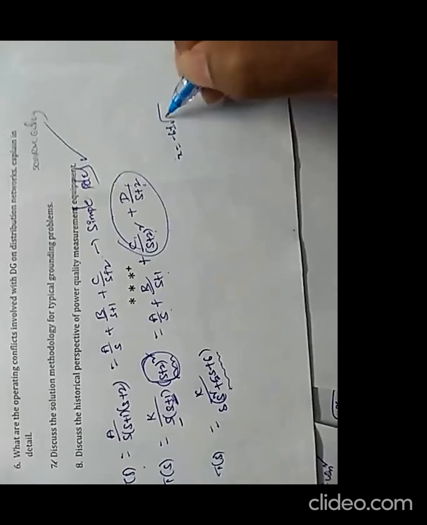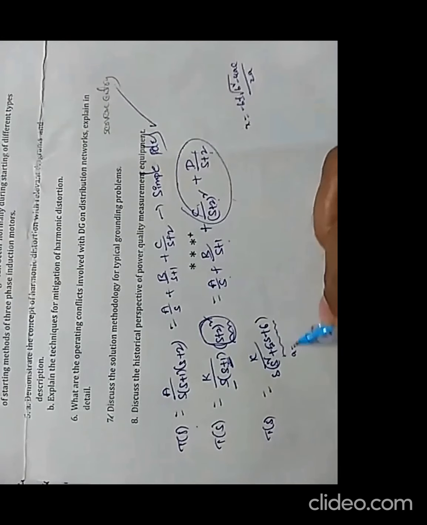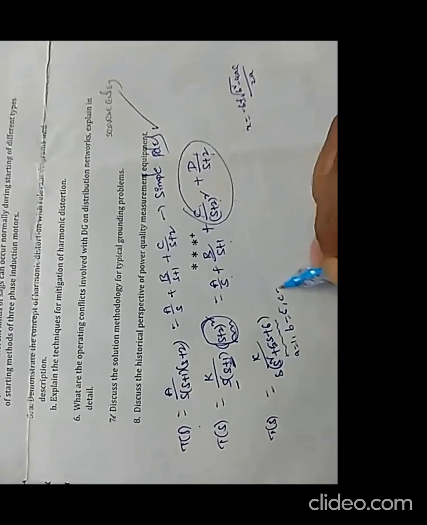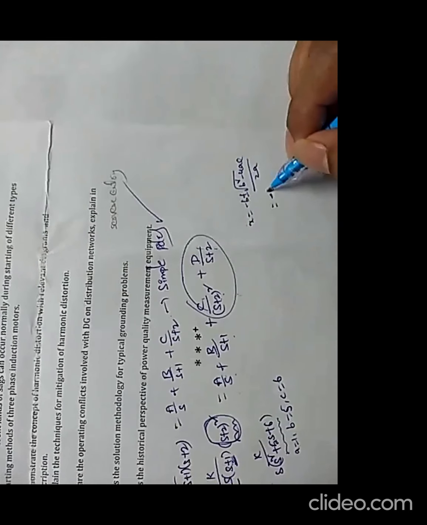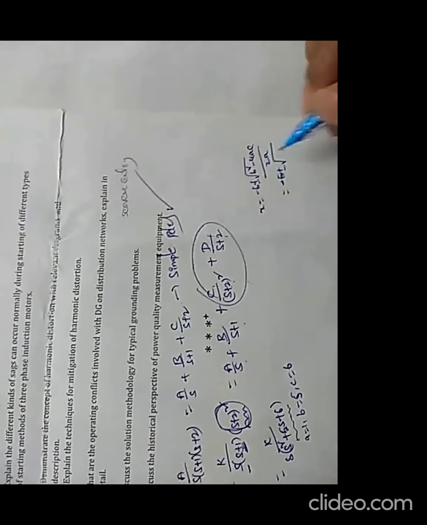To determine the poles, X equals minus B plus or minus square root of B square minus 4AC by 2A. Here A equals 1, B equals 5 and C equals 6. Substituting, minus 5 plus or minus square root of 25 minus 4 into 1 into 6, by 2 into 1.